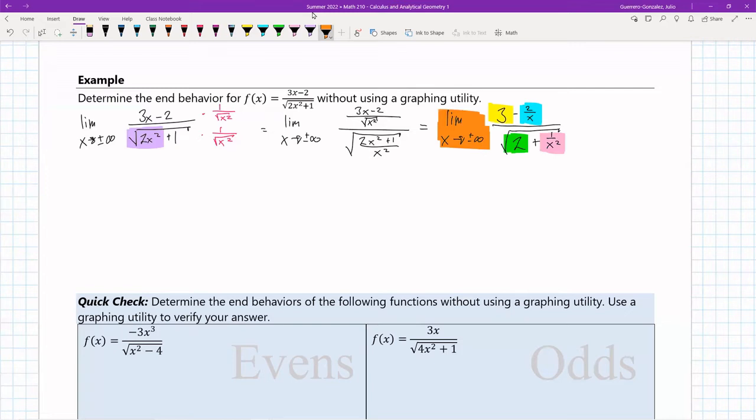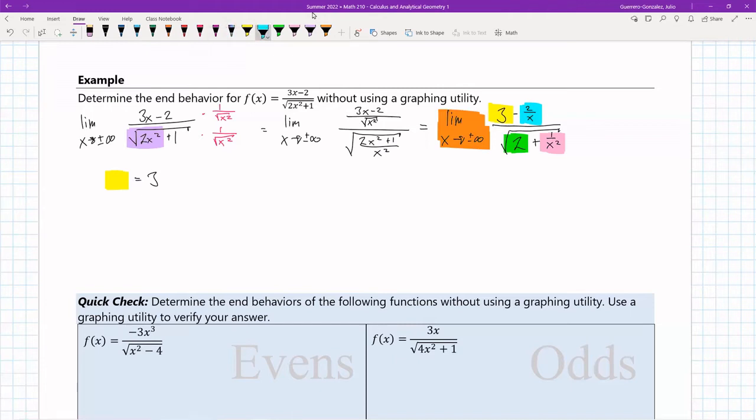I'm going to color code these a little bit. The yellow limit is going to be 3. As I take the limit as x approaches infinity of 3, that is just 3.